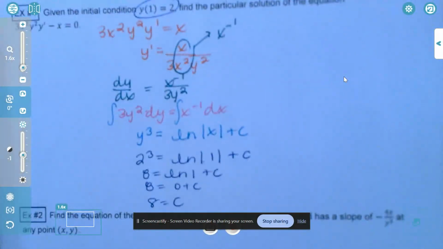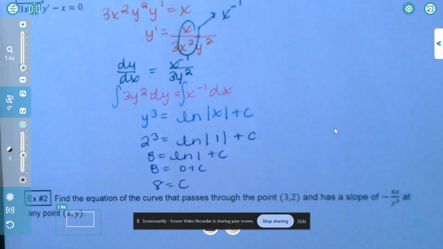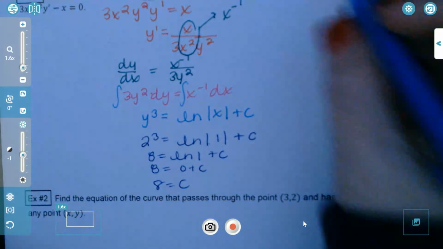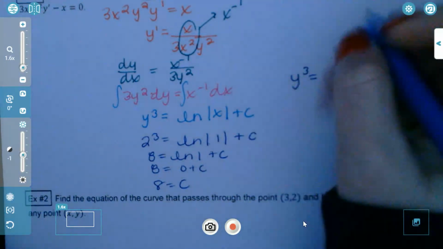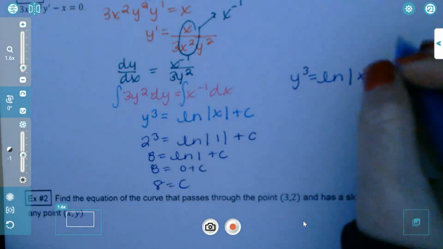Once we have our c, we can plug that back in and get our actual equation, which would give me y cubed equals ln absolute value of x plus 8.